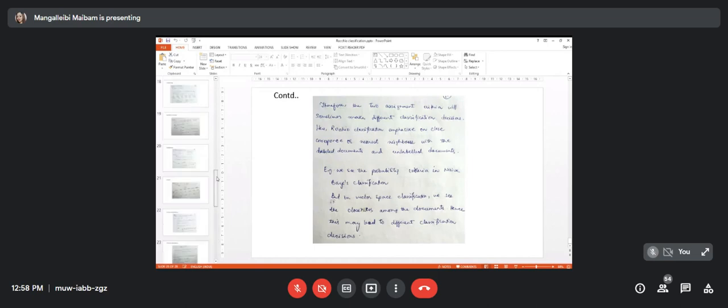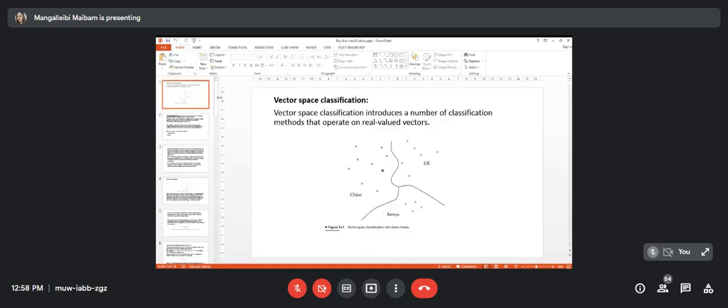Once again, let me give a brief explanation about vector space classification. In vector space classification, as I told you, there will be regions separating the different classes, and the lines which separate the regions of the different classes are known as decision boundaries.